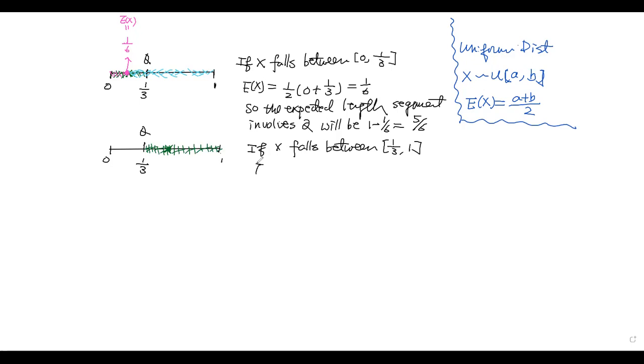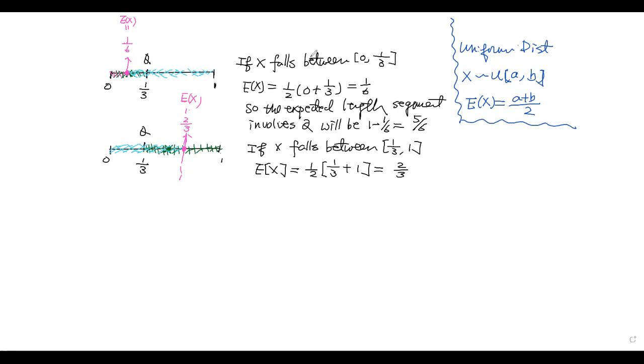What is the expected value here? It will be 1/2 times (1/3 plus 1), which is 2/3. This point is 2/3, and it is the expected value for this segment. This segment is the one including Q, so 2/3 is the expected length of this segment.